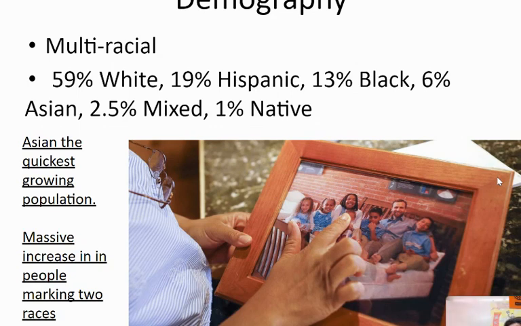And there has been a massive increase in the census, which is when they count every 10 years the number of people in the United States. Massive increase in people that are biracial in the United States between 2010 and 2020. So culturally, we're becoming more multiracial as the years go on.